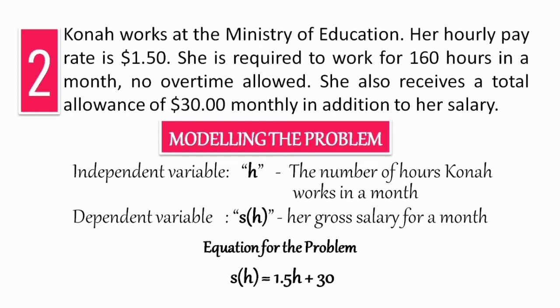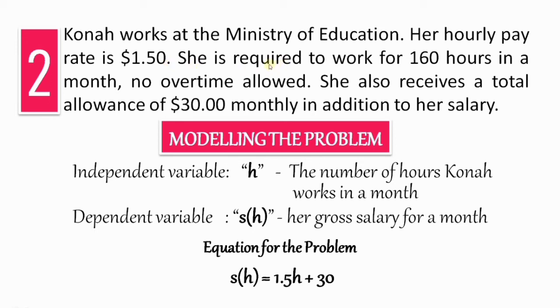And then what we want to do is also determine the domain and the range. And the problem says she is required to work for 160 hours. So meaning she cannot go above 160 hours as per the agreement, and there is no overtime. So the possibility that she did not work at all exists. She may have gone to work, but she did not complete even a single hour.